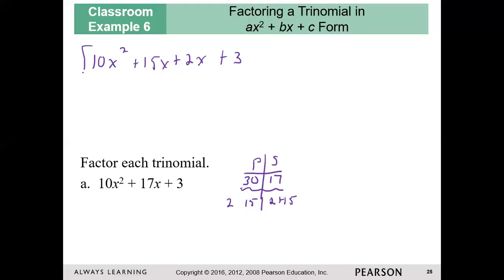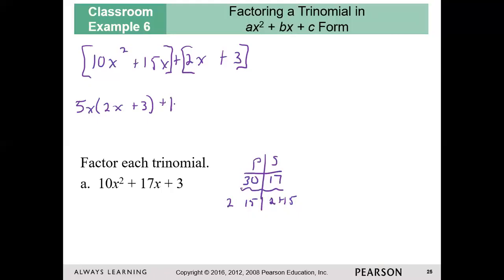So we group, which these have a 5x in common, which leaves you with 2x plus 3. And then over here, you group these, and they don't have anything in common. But again, you still need to factor out a 1. I had mentioned to you in the previous video that there's still a time where you're supposed to factor out the 1, and this is definitely it.